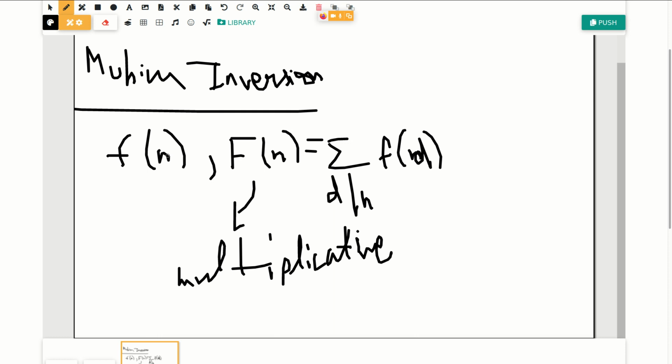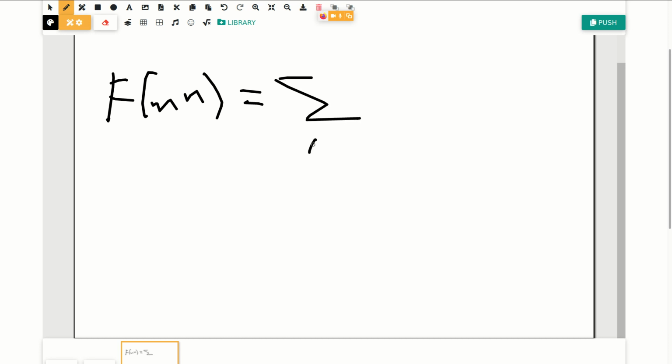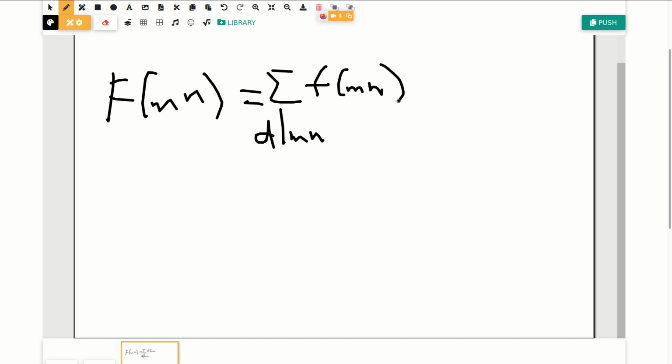I'll try to develop an intuition for how this happens. We take capital F of mn, which is the sum over d that divides mn of f(d). Now we can express the sum in terms of divisors which are co-prime to each other.